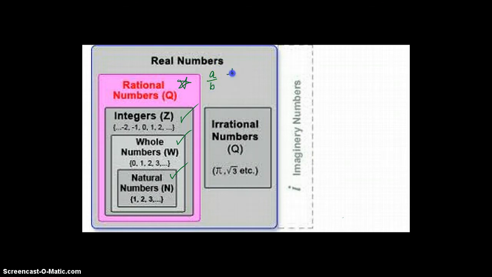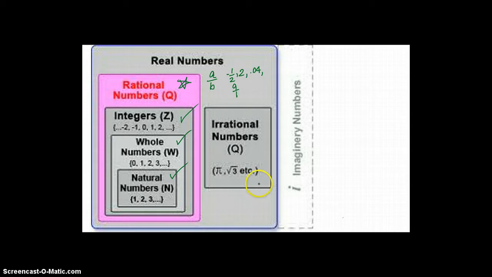So negative 1/2, 4/100. 4/100 is a rational number because it can be written as 4 over 100. All whole numbers, like 9, can be written as 9 over 1. So we're going to be working mostly with rational numbers in this class.